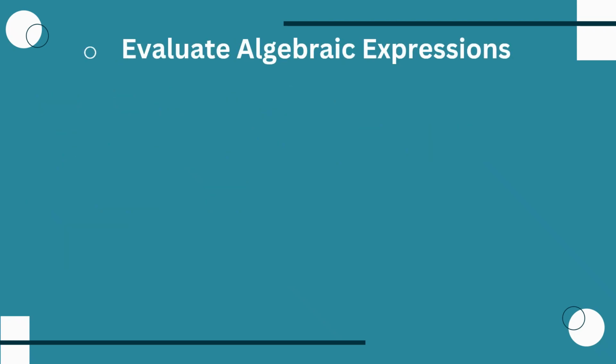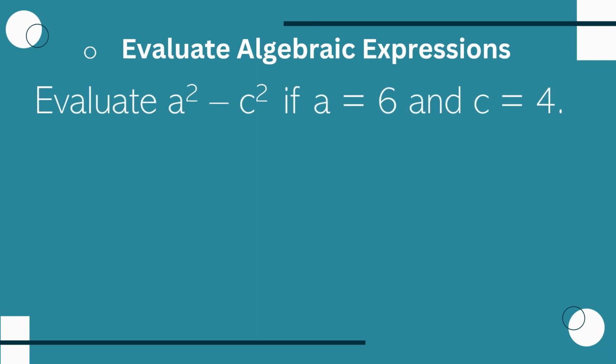Next, we're going to discuss evaluating algebraic expressions. For example, evaluate a squared minus c squared if a is equal to 6 and c is equal to 4. So first, we're going to substitute the values of a and c into our expression.